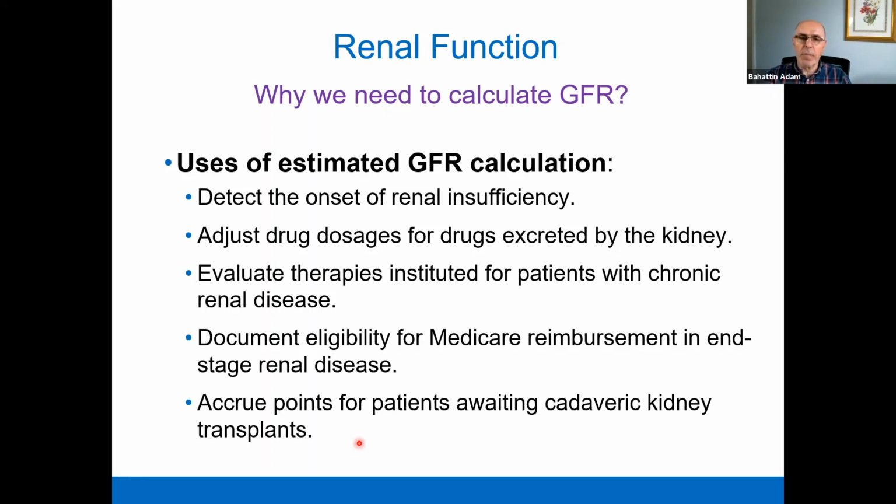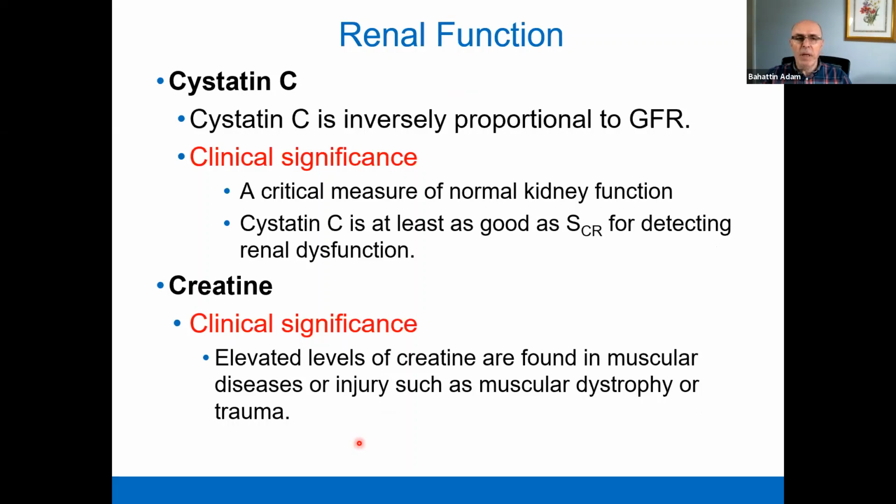Okay. Cystatin C is another substance that is used to measure renal function. It is inversely proportional to the glomerular filtration. The lower the glomerular filtration, the higher the concentration of the cystatin. Okay, it is an endogenous product.